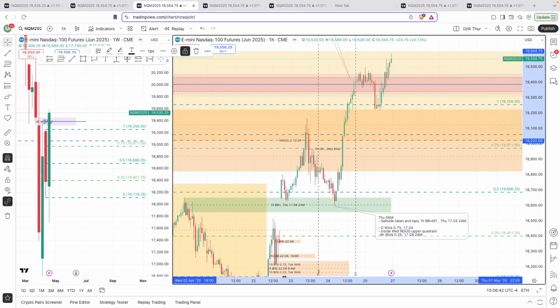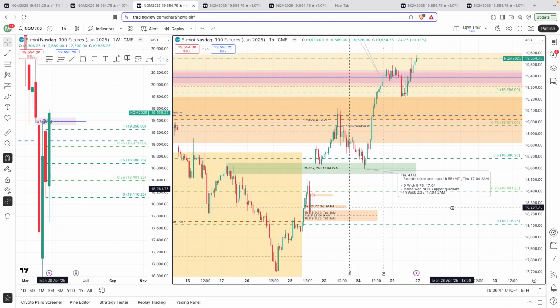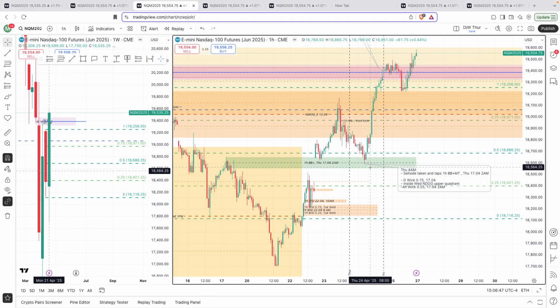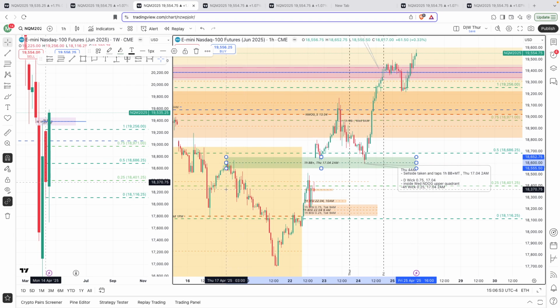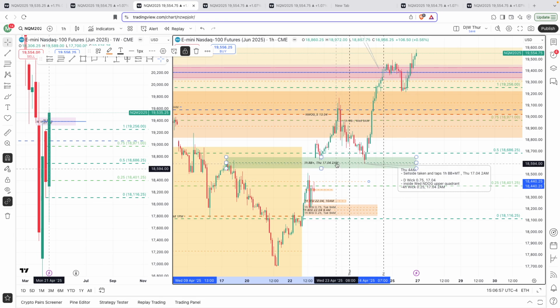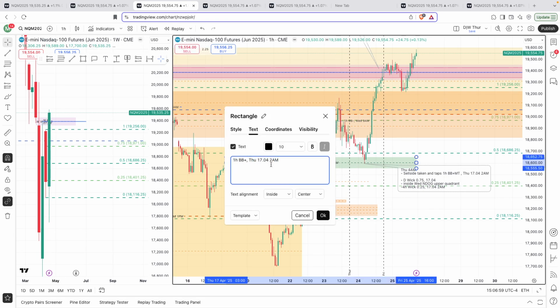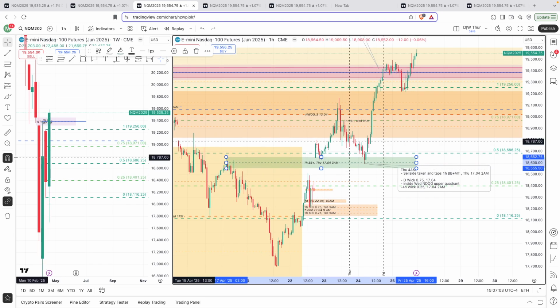If we look on the 1-hour, we see how when price comes into this new day opening gap, it's also dropping into this bullish breaker on the 1-hour from Thursday, 3 a.m. actually. And then here, this is very interesting, we are in a discount because we are just below the 50% of the previous week range.